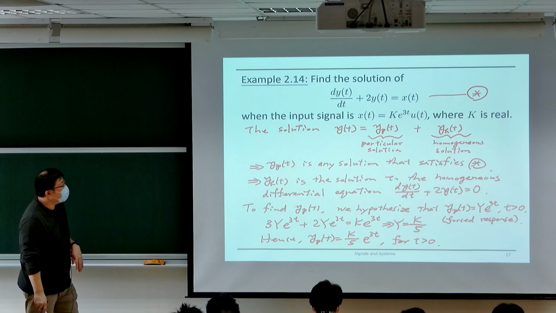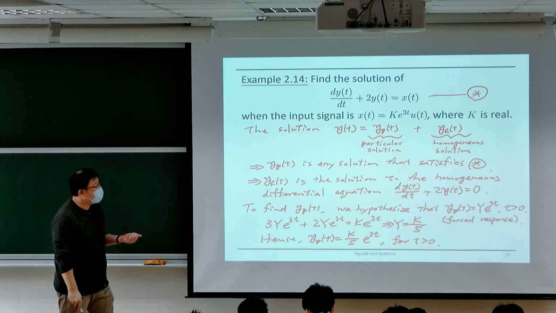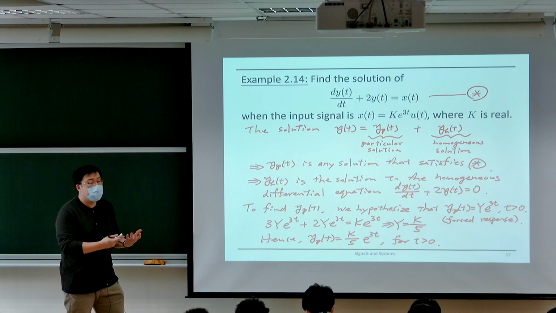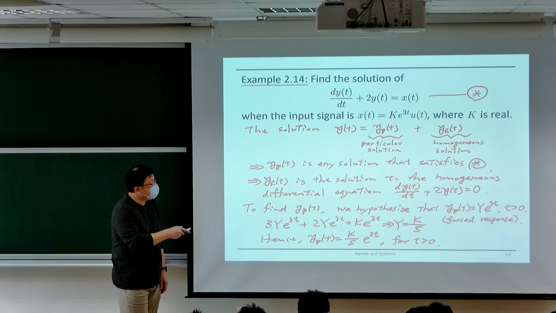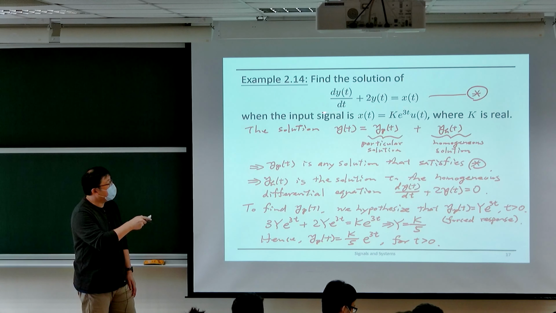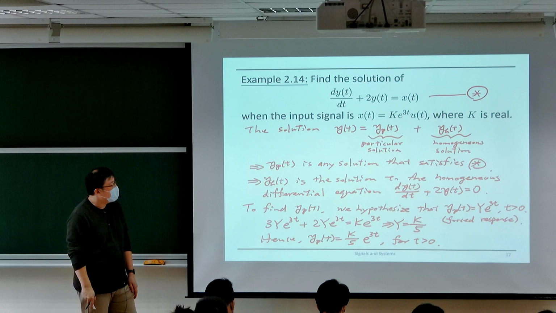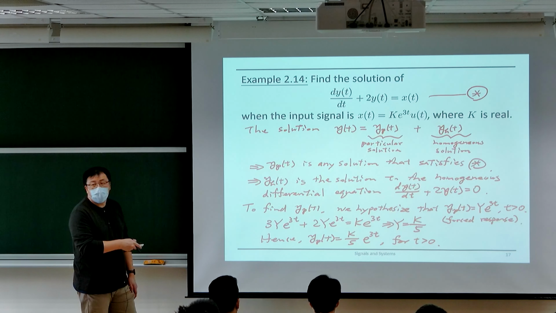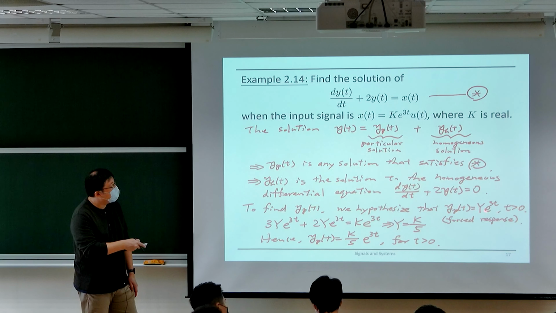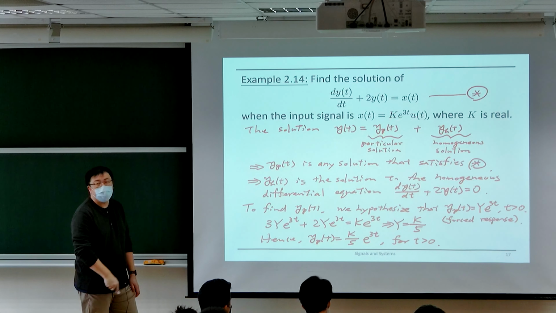Okay. So again, to solve this differential equation, we first recognize that the solution typically consists of 2 parts, a particular solution and a homogeneous solution. A particular solution is any solution that satisfies this equation for a given input x. A common guess for the particular solution is a solution that takes on the same exponential form as the input.